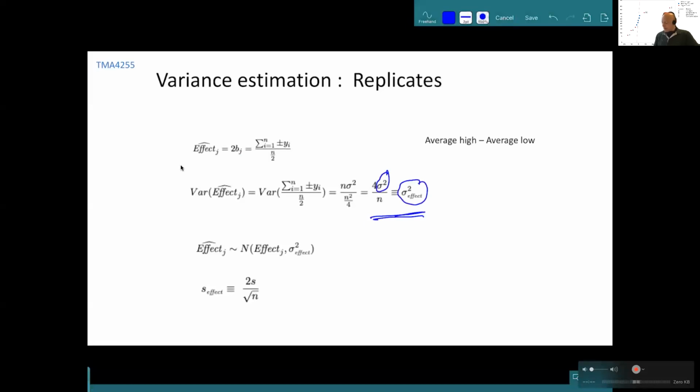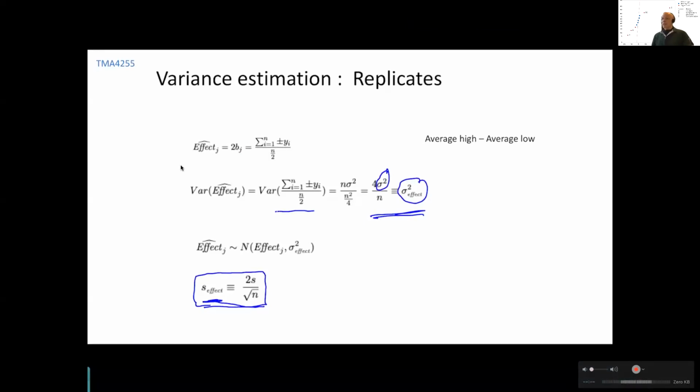So if we then look at the estimates here, we will see that the standard error of the effect is linked to the standard error of the residual in this way, where we normalize according to this variance of the plus minus combination in the correct way. So this can be done using replicates.